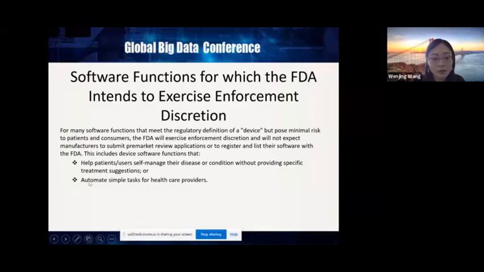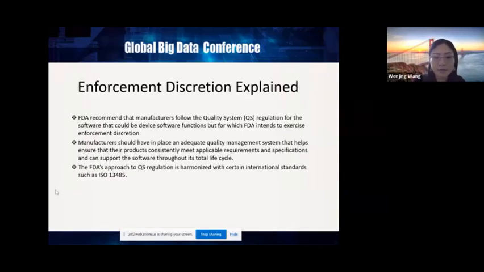So this includes software that helps patients or users self-manage their disease or condition without providing specific treatment suggestions, or automates simple tasks for healthcare providers.